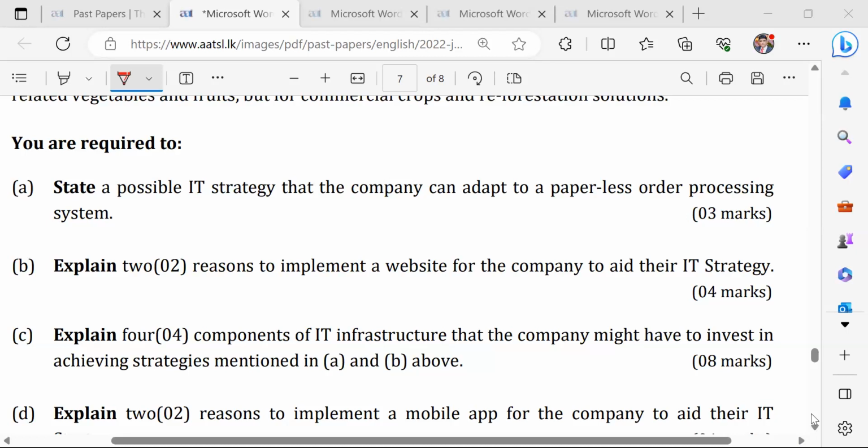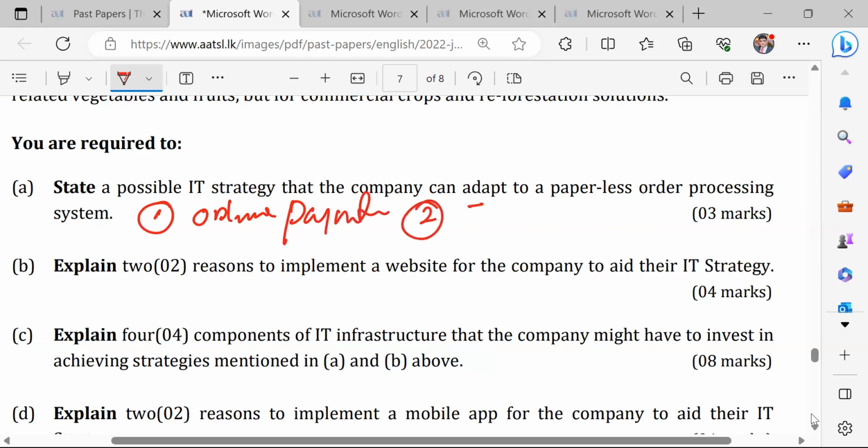What are those? One is online payments. Another is EDI, electronic data interchange, known as EDI, right?